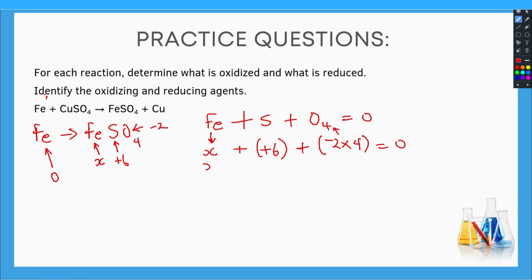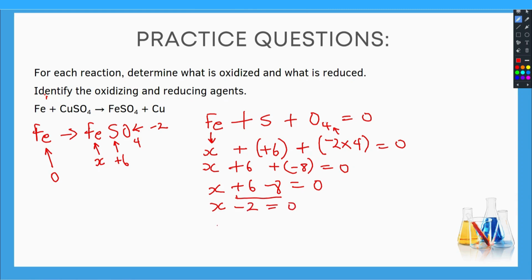So this becomes X plus 6 plus minus 2 times 4 gives us minus 8. This is equal to 0. So we have X plus 6 minus 8 is equal to 0. X plus 6 minus 8 gives us minus 2. I'm sure you know. And then therefore X is equal to plus 2.